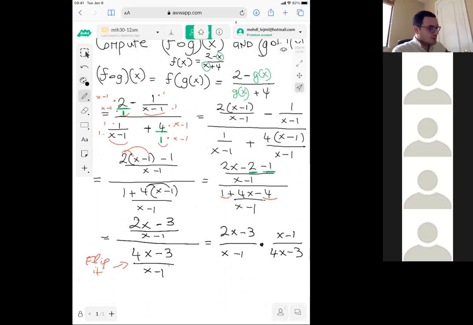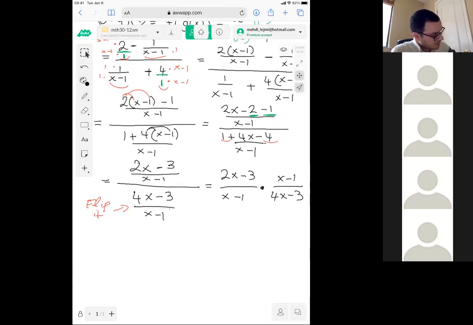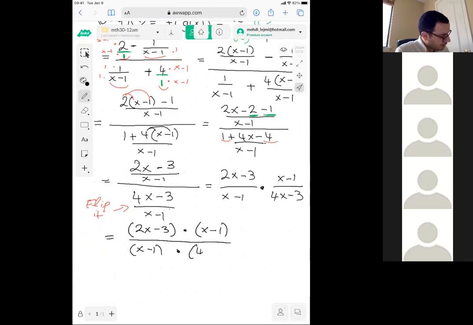This is multiplication, so you multiply straight across: 2x minus 3 times x minus 1, and in the denominator, x minus 1 times 4x minus 3. Of course, now we have x minus 1 in the top and x minus 1 in the bottom. They cancel out. So the final answer is 2x minus 3 over 4x minus 3.